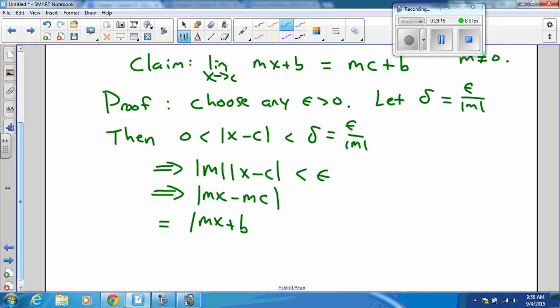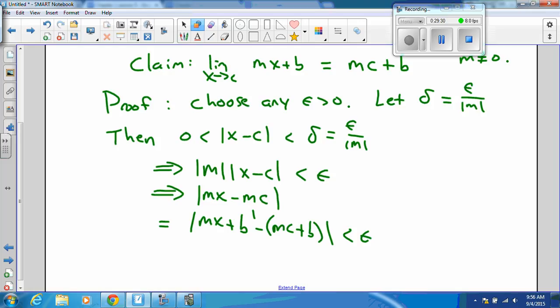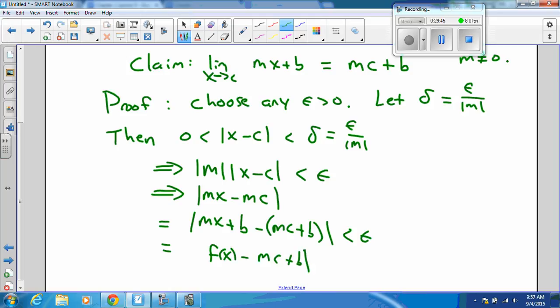All right. Carrying on, we get this guy right here. And now what we'd like to do is to show that this is in fact equal to |f(x) minus (mc plus b)|. But f(x) is mx plus b, and mc plus b is what it is. And you can see that these two are in fact equal to one another.